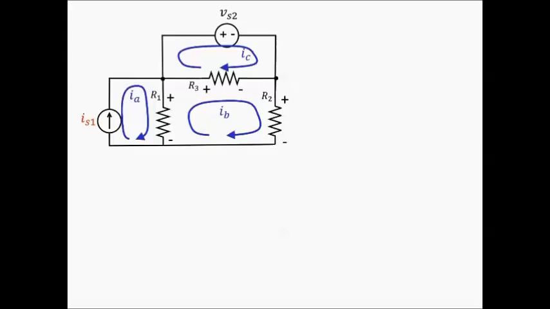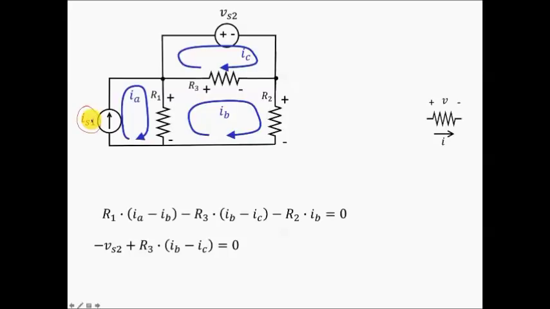Consider the following example, where I have one current source, IS1. As before, I have defined my three meshes. Remember, meshes were basically loops in my circuit that did not contain any other loops within them. So I have three meshes, A, B, and C. For mesh B and C, I can write a KVL equation directly by inspection.